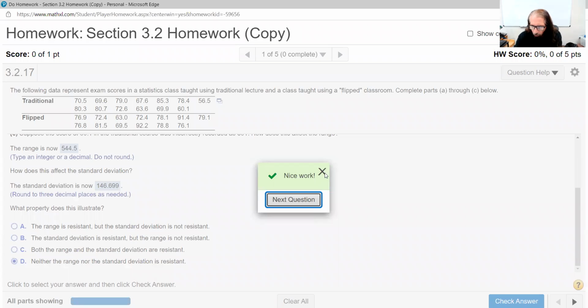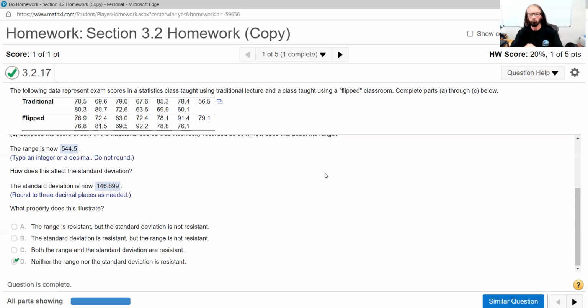Now, before we continue, we use StatCrunch instead. Paused it for a moment so that we wouldn't have to wait for the window to pop up.